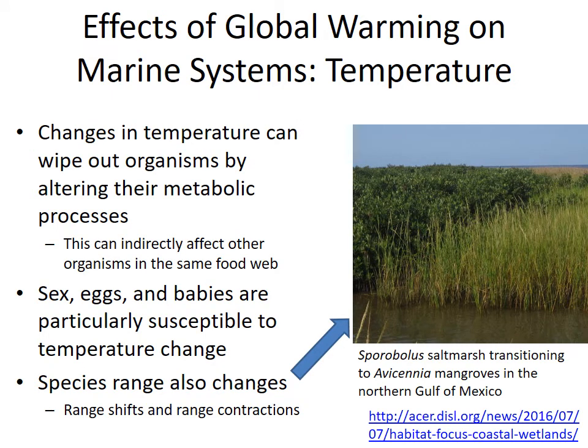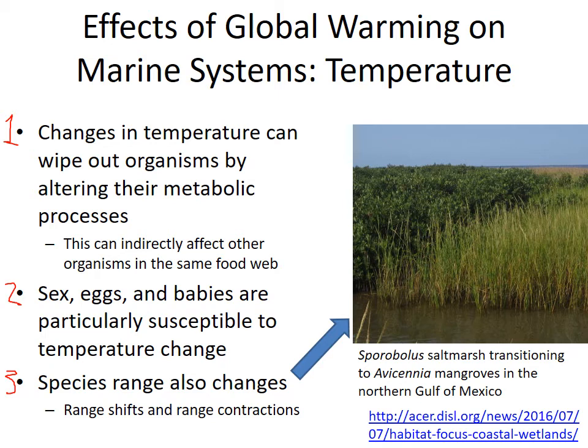All right, let's talk about some of the effects of climate change, particularly the temperature increases, on marine ecosystems. There are three main ways that I want you to know that marine ecosystems and organisms can be influenced by temperature increases. The first is a direct effect of temperature increase. Organisms are all evolved to live within a certain range of temperature.